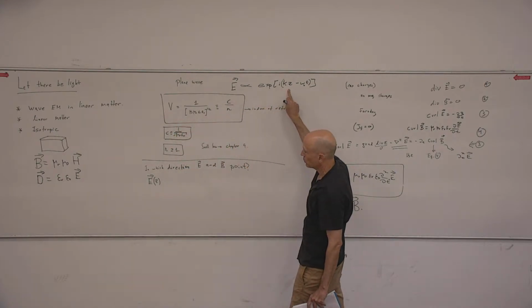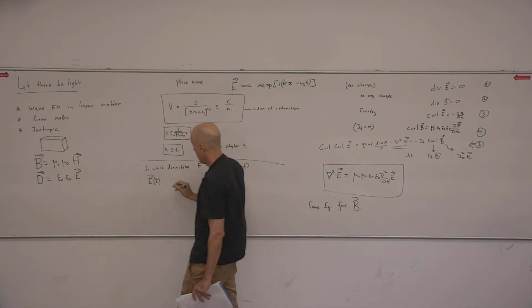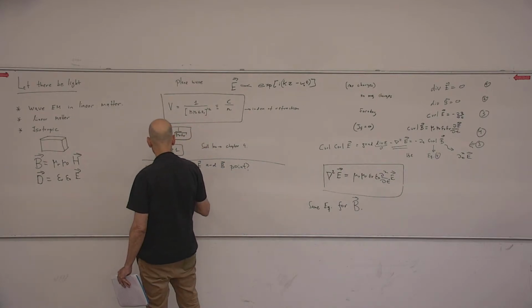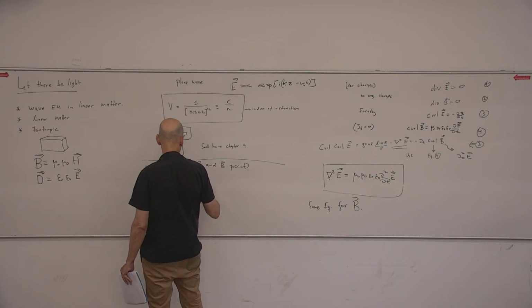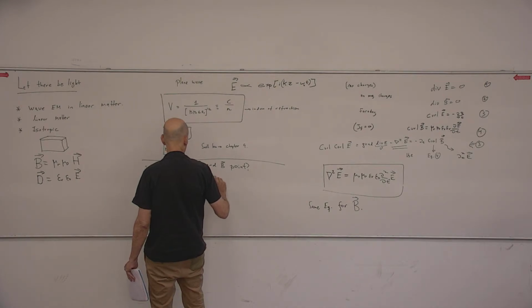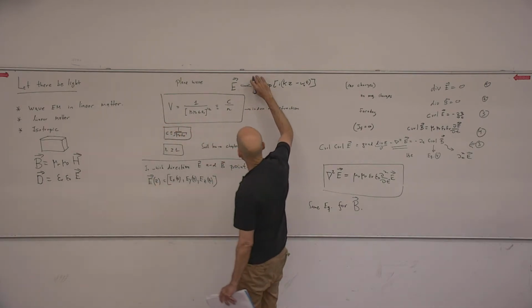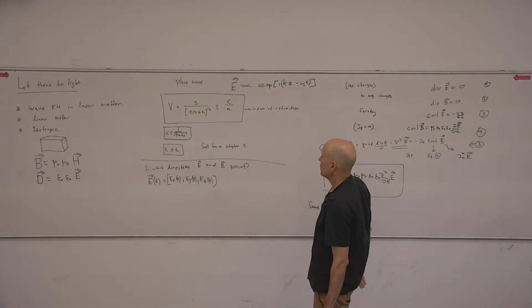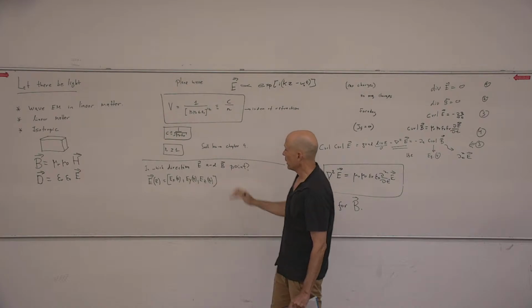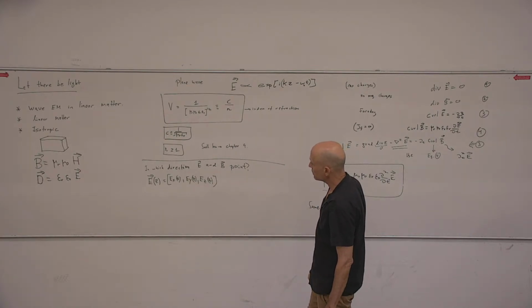It's a function of z and not of x and y. But in principle, it has three components: Ex of z, Ey of z, and Ez of z. When I wrote the proportionality, I didn't write the vector. There is a vector, so these are the three components.